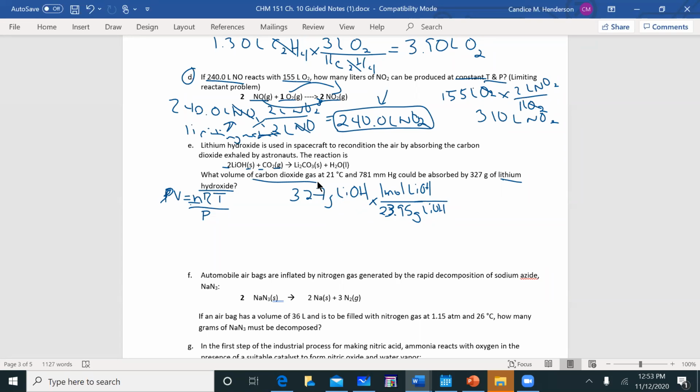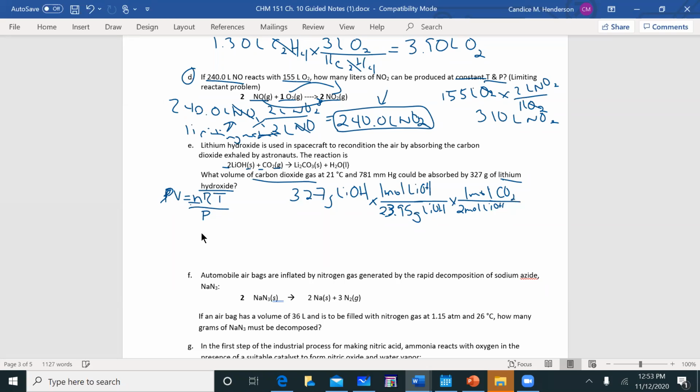Now I can jump from the amount of lithium hydroxide in moles to the amount of CO2 in moles because coefficients give us that ratio. So 2 moles of this LiOH are going to yield 1 mole of CO2.